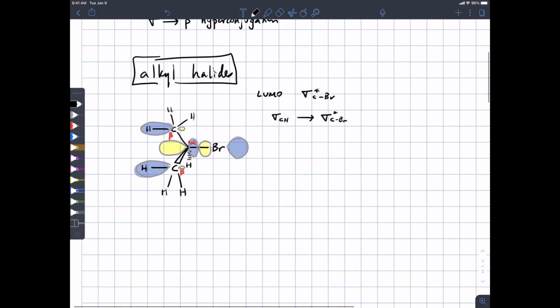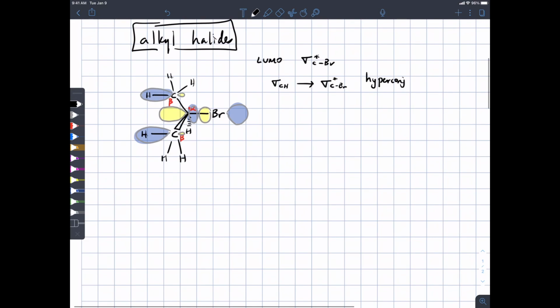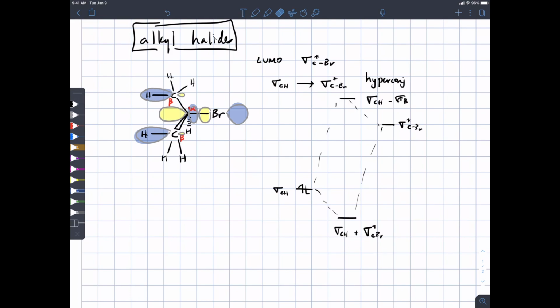Again, what we're referring to with hyperconjugation is this idea that a filled molecular orbital in a molecule can overlap with an empty molecular orbital in a molecule, and they can mix together. You get the plus combination and you get the minus combination as we've done previously. Sorry, I got ahead of myself in writing this down.